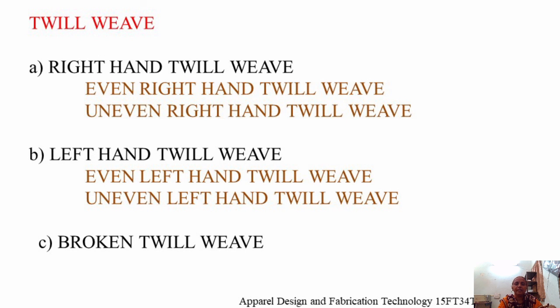Here right hand twill weave is again classified into even and uneven, depending on the number of yarns used for the interlacement, that is the warp and the weft yarns. For example, even 2 into 2, that is 2 warp yarns are interlaced with 2 weft yarns.